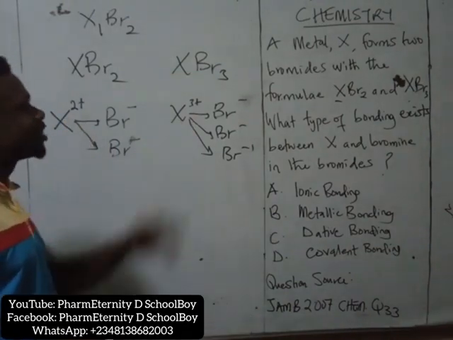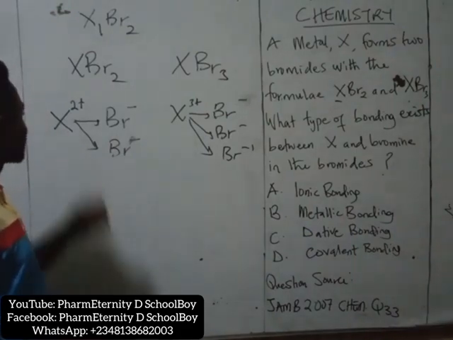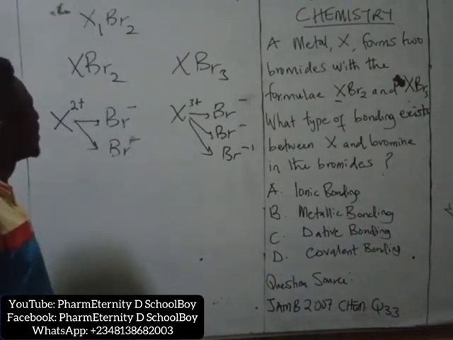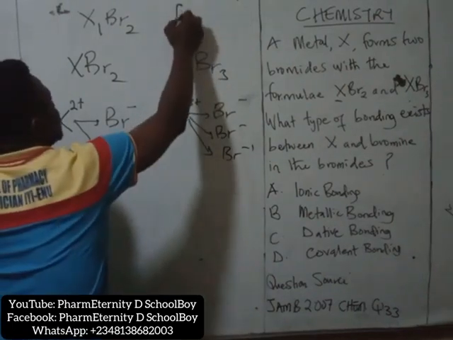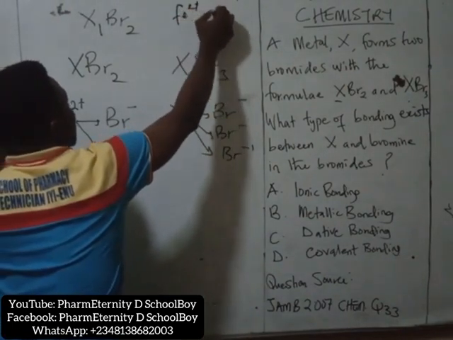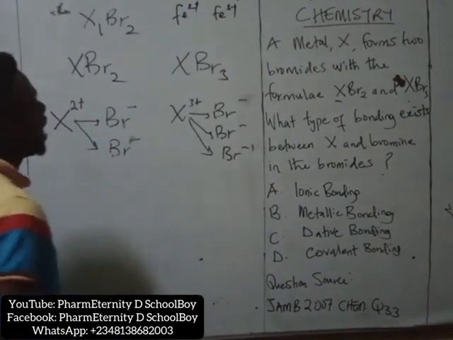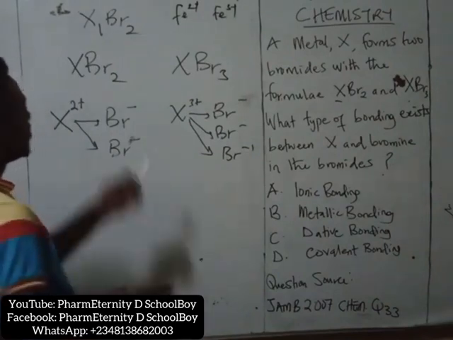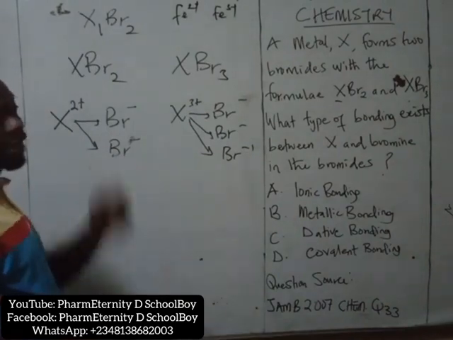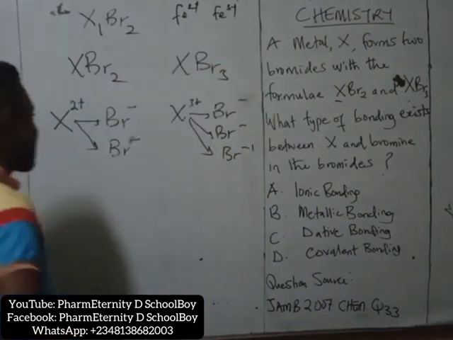Even though they didn't mention the metal, a metal that has this type of ion exists as iron 2 and iron 3 ions. Let us not go into talking about what X could be, but iron exists as iron 2 and iron 3 ions.